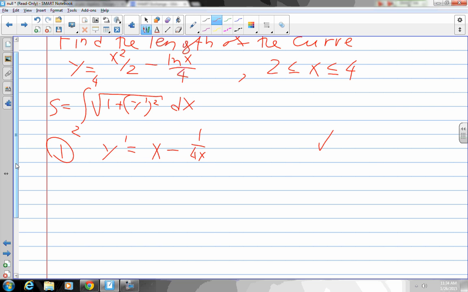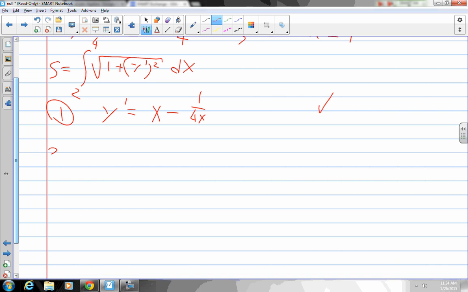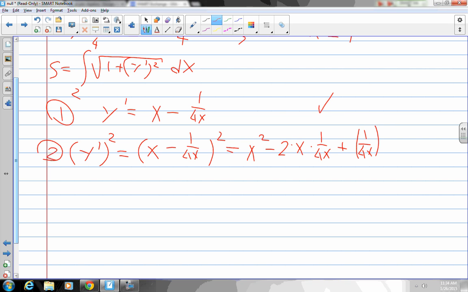Second step, we need to figure out the square of that derivative. So we have to figure out y prime squared. We have to square x minus 1 over 4x. That's algebra. We're going to square a difference. So that's x squared minus 2 times x times 1 over 4x plus 1 over 4x squared.